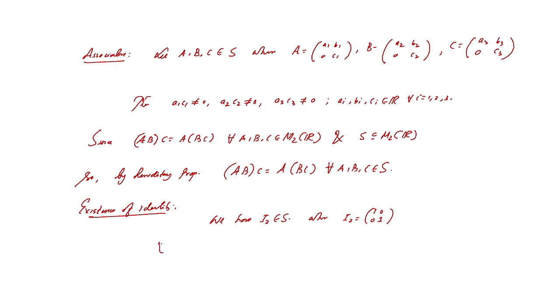And A times I2 equals I2 times A equals A for all A belonging to S. So that means I2 equals [1, 0; 0, 1], the identity matrix of order 2 cross 2, is the identity in S. So existence of identity is also done.